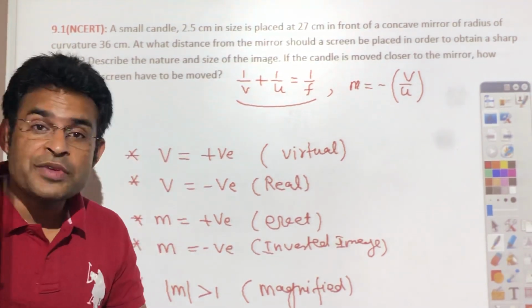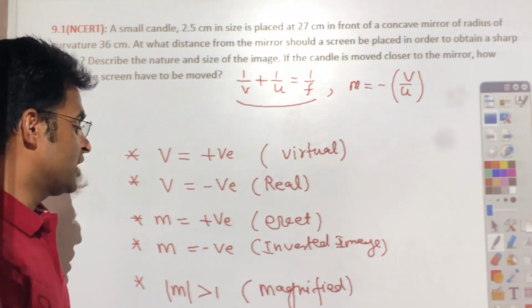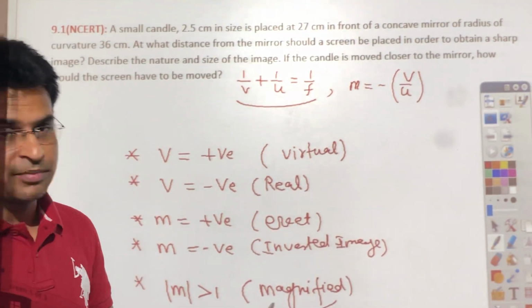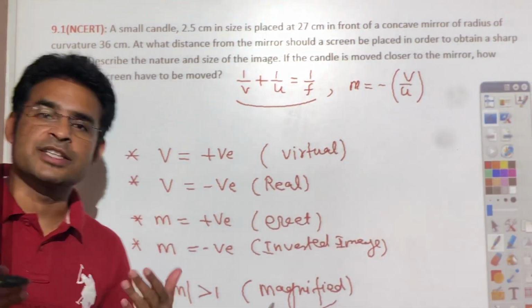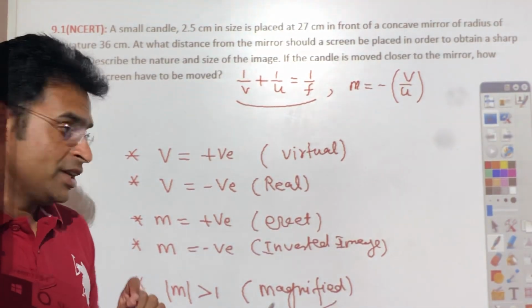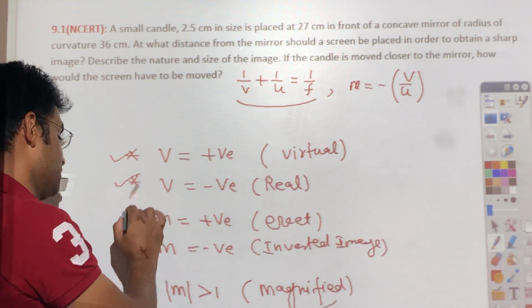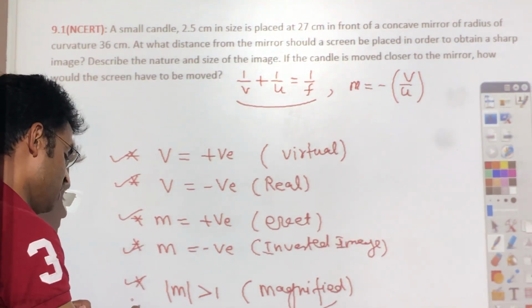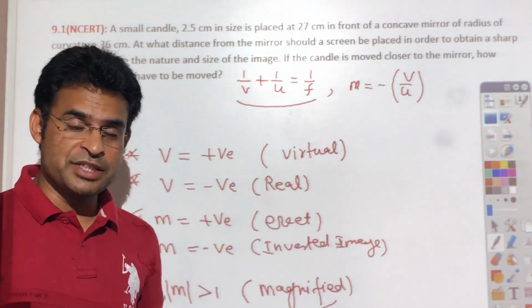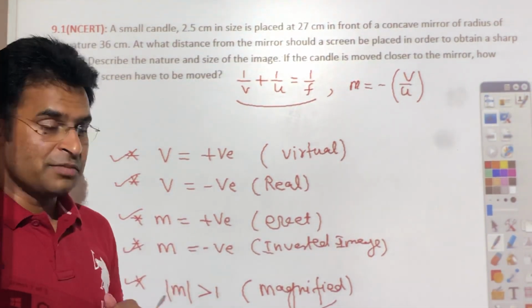Diminished means the size of the image will be less than the size of the object, and enlarged or magnified means the size of the image will be greater than the size of the object. So whenever you are solving any question based on a mirror, you need to remember these 6 points. If you remember these, you can define the nature of the image and where the image will form.